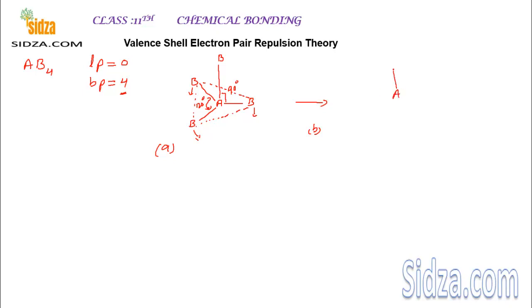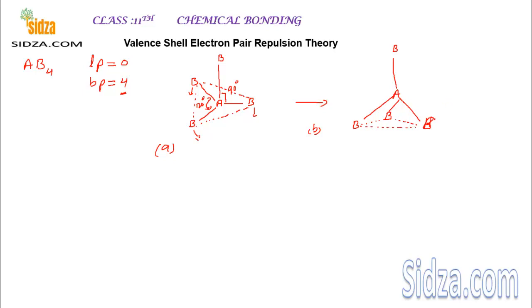We have an atom A, it is attached with the bond B, and the 3 B atoms, which are actually in plane, if I push them down, you get a shape like this, isn't it? So you can say you got the 3 B atoms here like this. These 3 B atoms will still be in the plane, right?